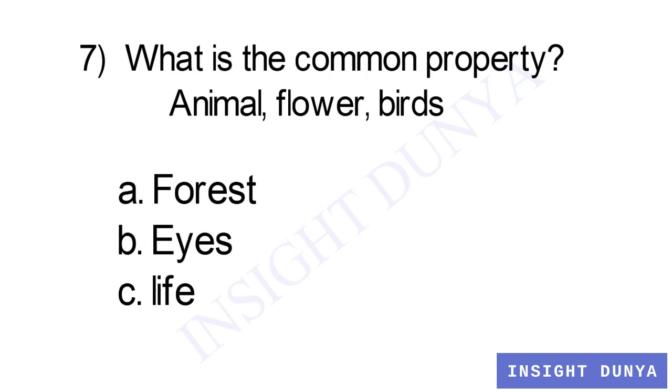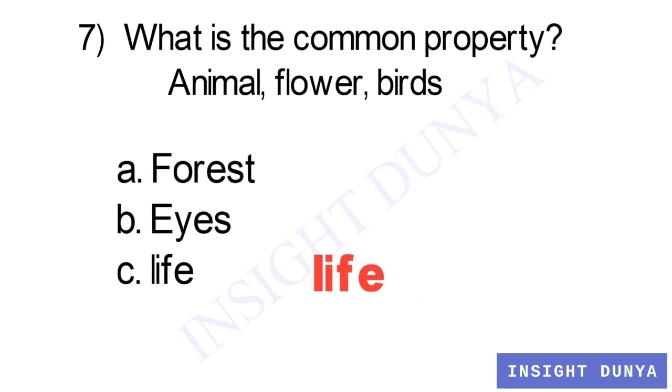Friends, option number A is not common to all of the three, because animals, flowers, and birds are not limited to forest, but they are also found in other places like zoo, home, cities, etc. Flowers do not have eyes. Therefore, option C, that is life, is the common property, as all the three are living things. So life is the answer.